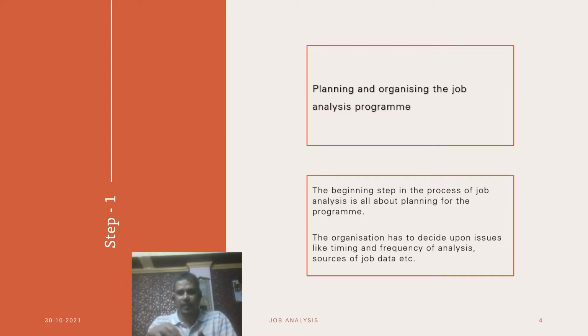So you plan all these things here, and according to the plan, what resources are required and what decision making aspects are to be done. All those things are organized in this first step. So planning and organizing for a job analysis program forms the first step. You create a plan, you organize all the resources, and you make decisions about how you go about conducting the overall job analysis process, right? So the first step is to make a plan and then arrange everything.